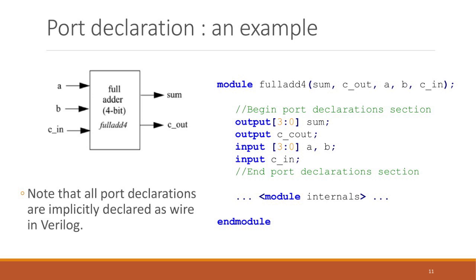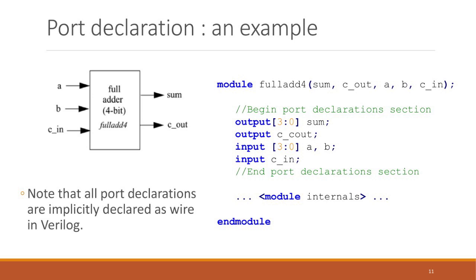Now sum is a 4-bit output, so we use the keyword output there. This [3:0] syntax is used to declare it as a multiple-bit wire, or a bus. Then the single-bit Cout is declared as output.